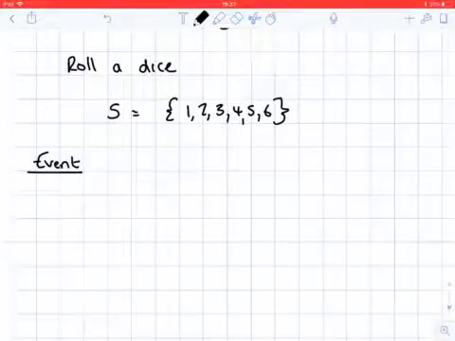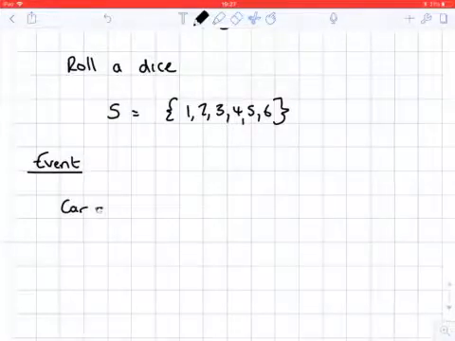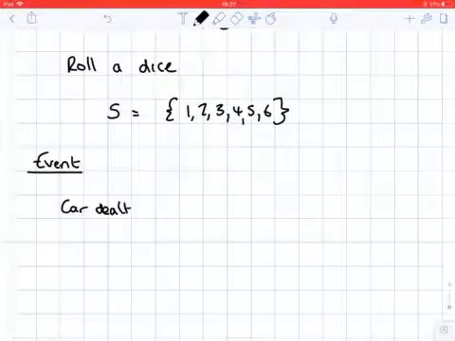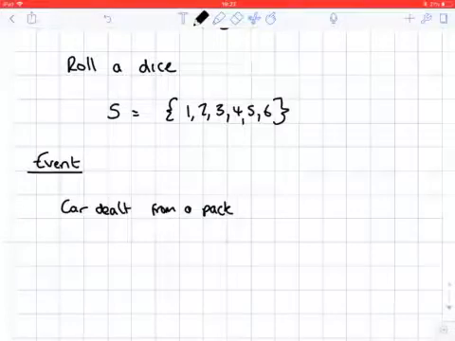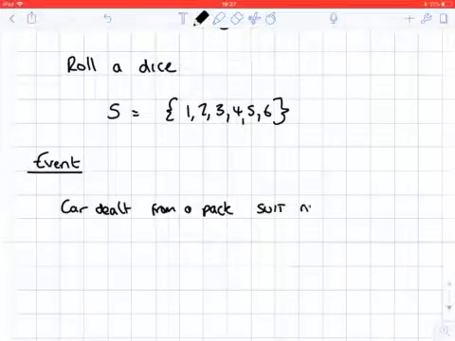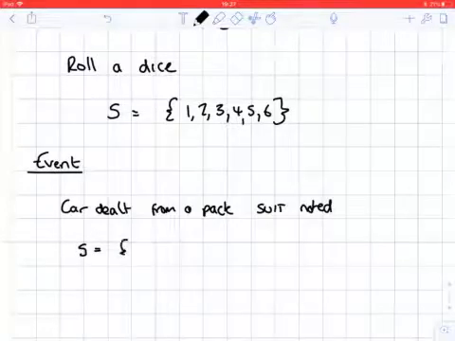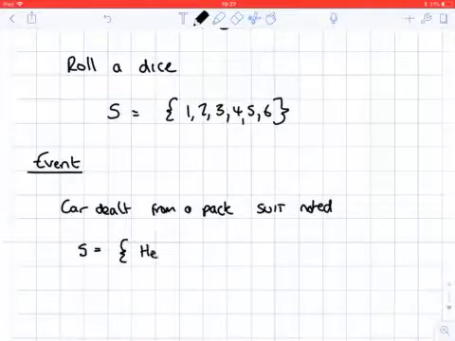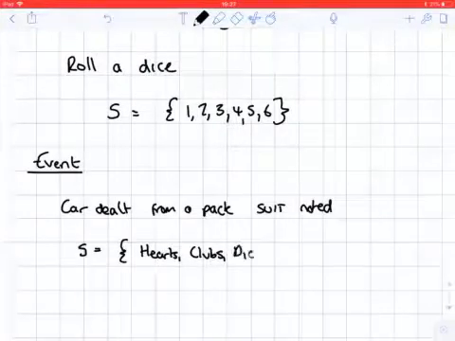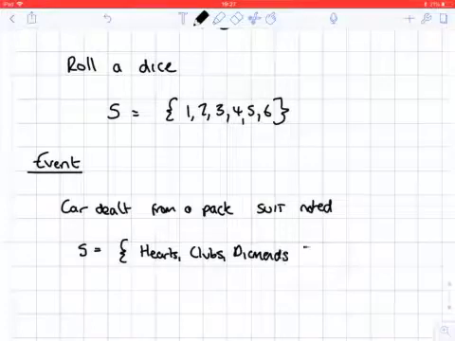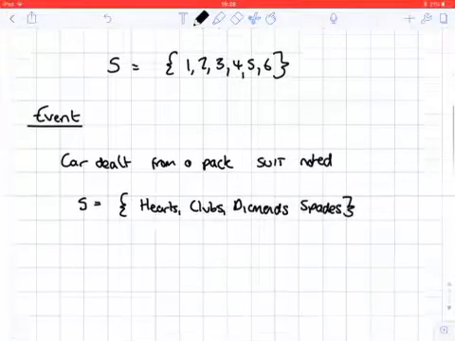Okay, so if I had a card dealt from a pack and its suit was noted, okay, my sample space would look like this. It would be hearts, clubs, diamonds and spades.